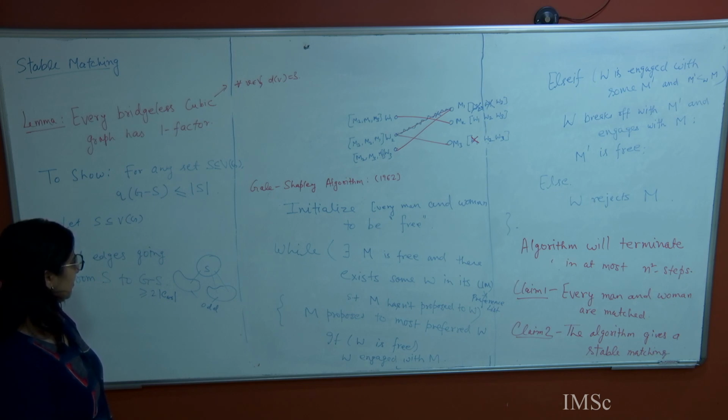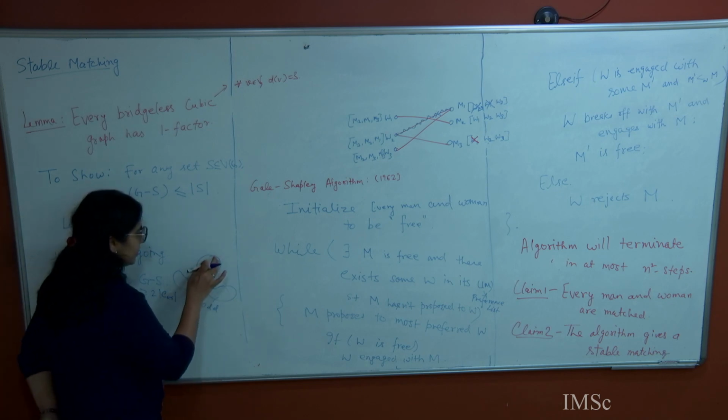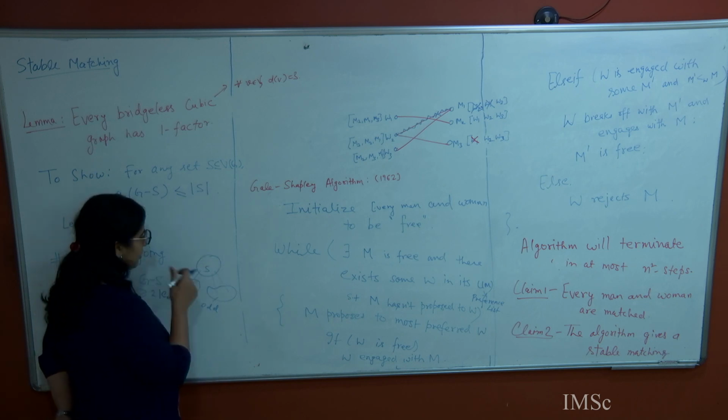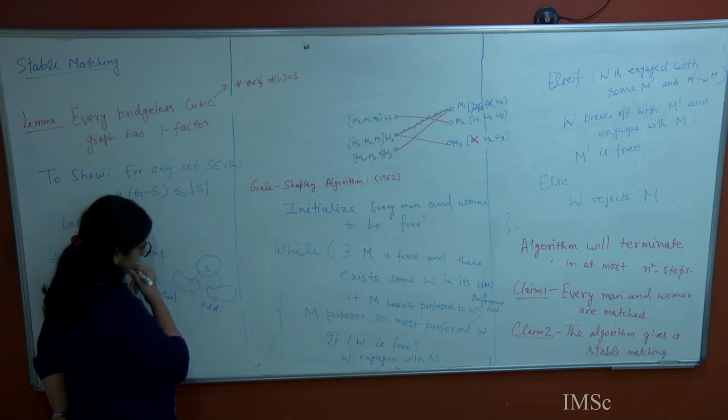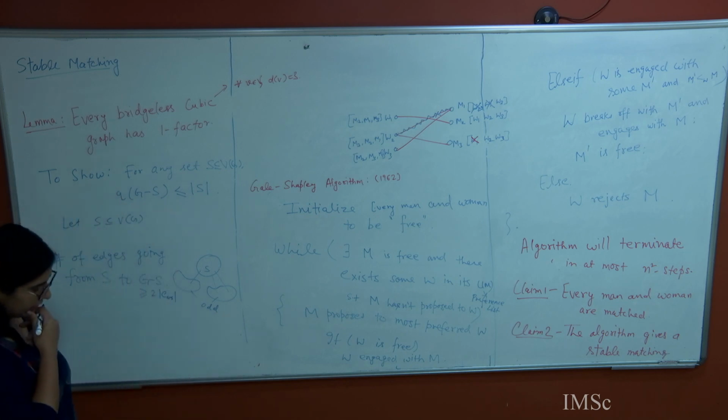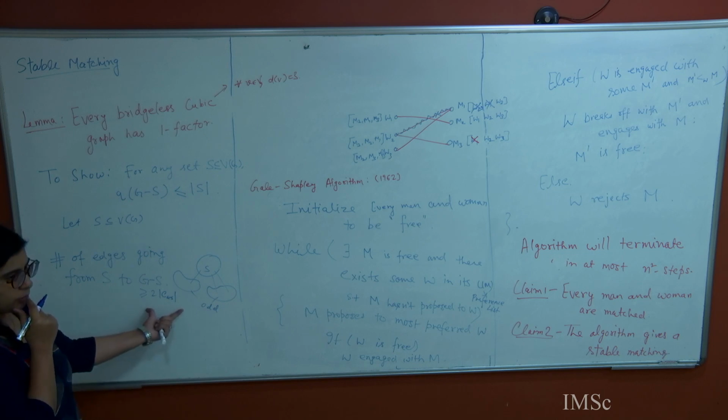Anything else? So, let's look at the degree. We know that this is a cubic graph, right? So, from S to C(G minus S), yes, that's right. So, this is an even better bound than what you are giving.